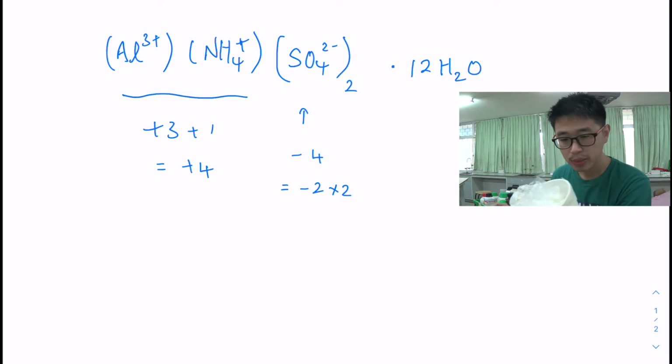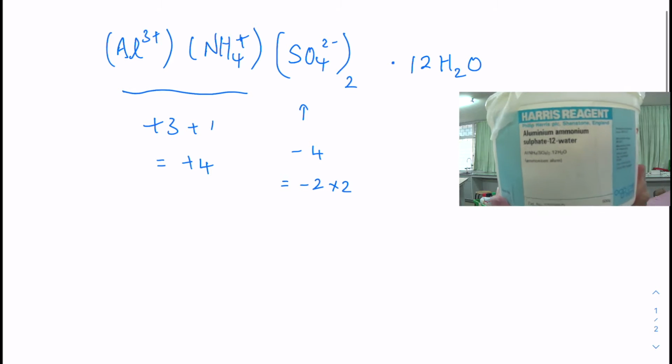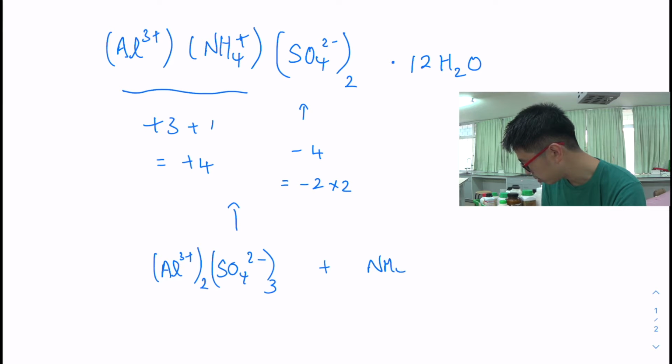Essentially, this is a mixture, by the way. You can imagine it as being, what can you imagine this one being? Usually you would think it's not exactly a mixture, but if it is a mixture, you have Al3+ and 2 SO4 2-, 3 of it like that, and then you will have NH4+, 2 of them, and SO4 2-.